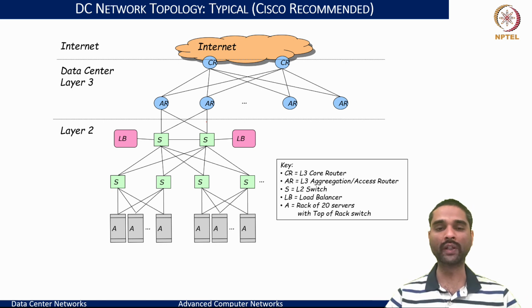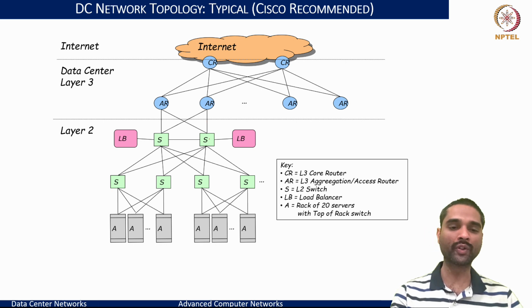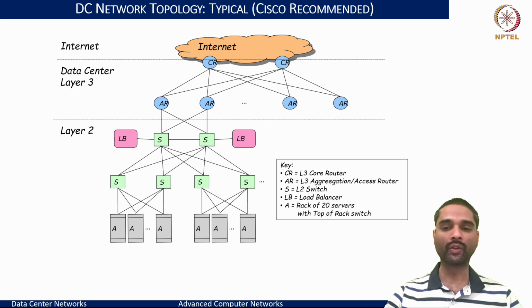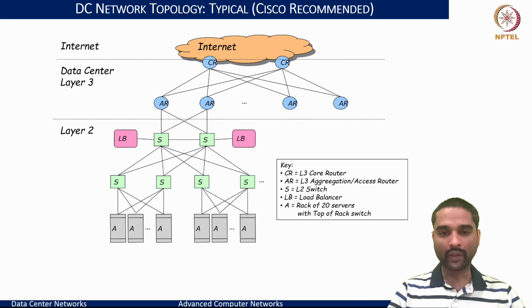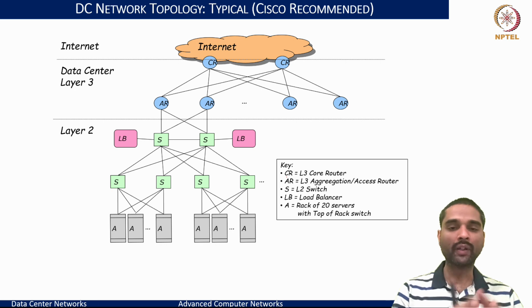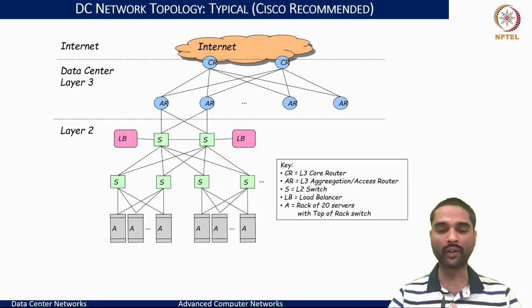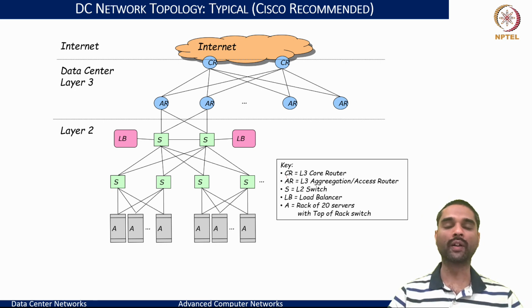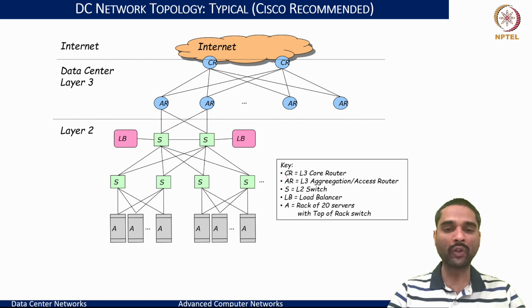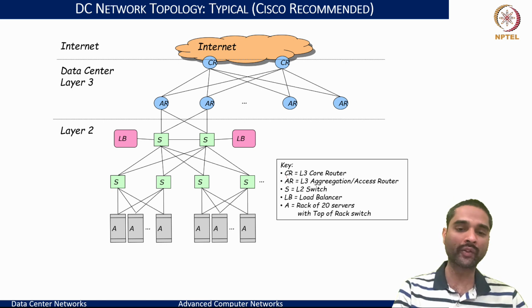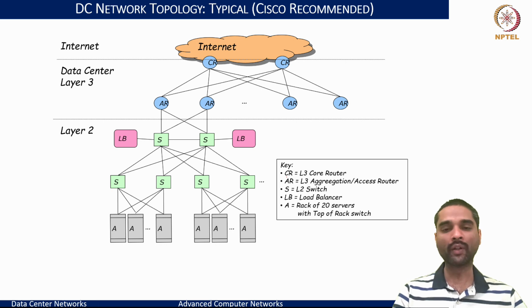At this layer 2, all those marked S are the switches, which enable us to operate in the layer 2 domain, meaning we can ensure connectivity amongst all of these internal devices just at layer 2, as if it's a single LAN. We could even isolate them by the use of VLANs and ensure connectivity accordingly. In terms of connectivity, we could have simple layer 2 connectivity rather than trying to do layer 3 connectivity through the aggregation routers.